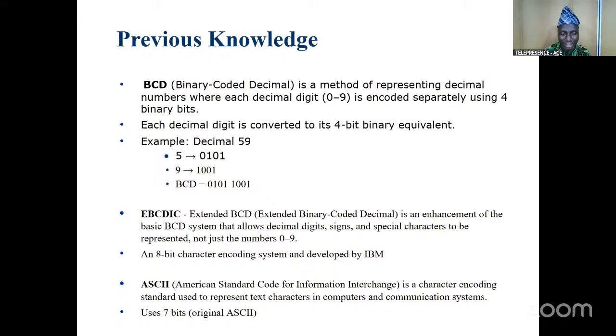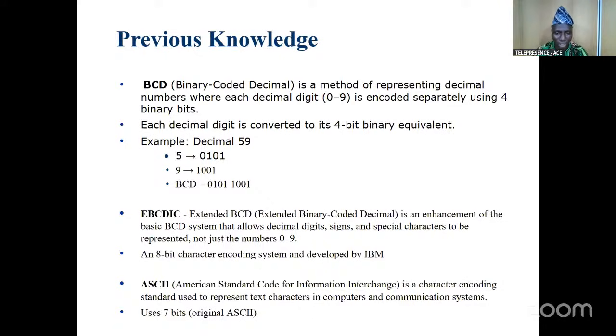And we convert the 9 directly to binary using 4 bits. That is 1, 0, 0, 1. Now, we place the result of the 5 in front and the result of the 9 at the back. So the BCD equivalent of 59 is now 0, 1, 0, 1, 1, 0, 0, 1.